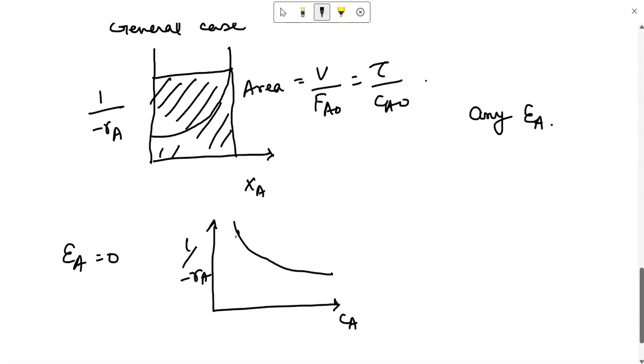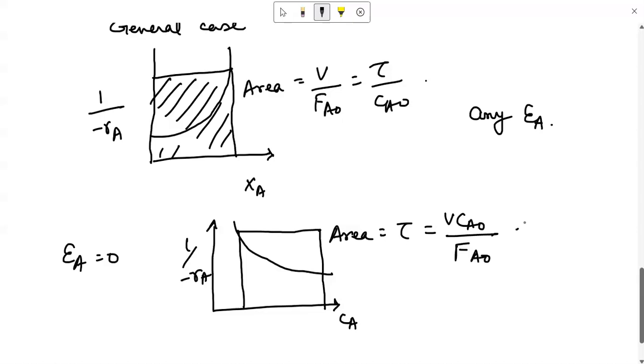The area within the rectangle is going to denote tau, that is, V multiplied by Ca0 divided by Fa0. This is the graphical representation of the design equations for a mixed flow reactor.